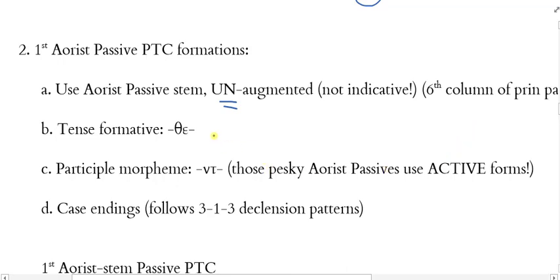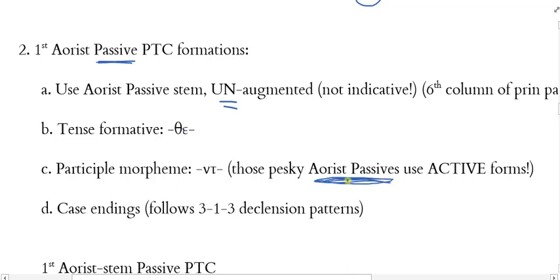Okay? The tense formative is theta epsilon, not theta eta. So there's a slight change here, but if you're familiar with theta eta, theta epsilon is just a small step away. Look at the participle morpheme. I reserve nu tau for which forms, the active or the middle? I use them for the active. We're dealing with aorist passive here. You would have expected meno, mene, right? But remember, aorist passive indicatives use which personal endings, the active or the middle passives?